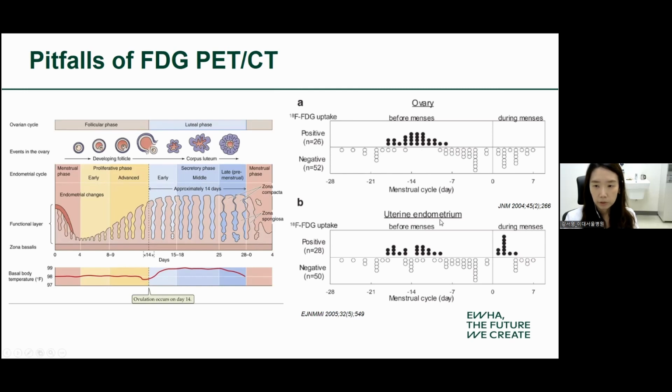And in the uterine endometrium, FDG uptake is also observed in the late follicular and early luteal phases, and also the early menstrual period. So if we can get the menstrual information of the patient, we can more effectively conclude physiologic uptake versus cancer lesions in the uterus and ovaries.